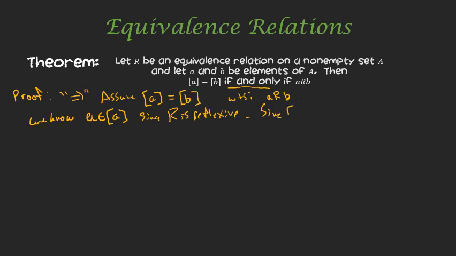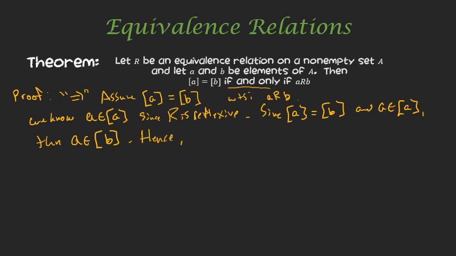Since the equivalence class containing a is equal to the equivalence class containing b, and a is in the equivalence class containing a, then a must be in the equivalence class containing b, because that's what it means for two sets to be equal: they have the same exact elements. So a is in the equivalence class containing b. Hence, by definition of equivalence class, b is related to a. And I'm done. Or am I?